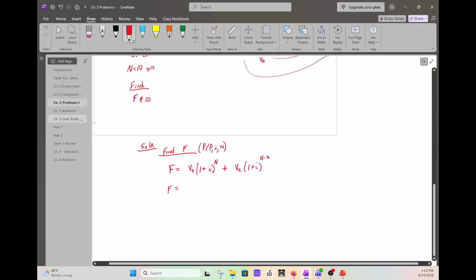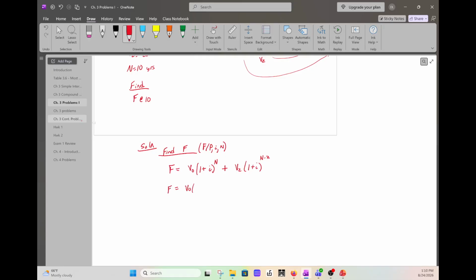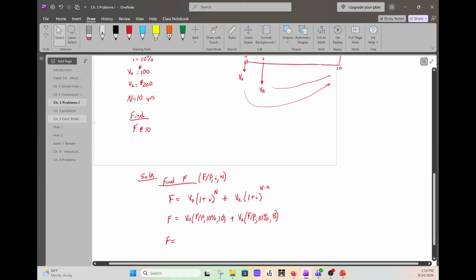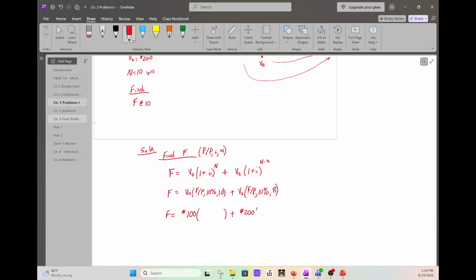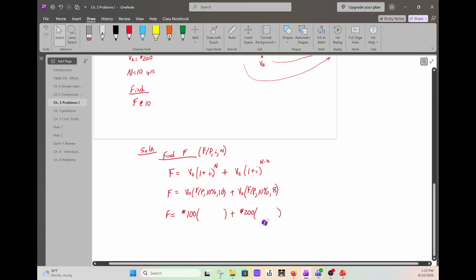So you could write this V naught F over P, comma I, comma, let's do 10% to the 10 plus V2 F over P 10% to the 8. Okay. So V naught is $100. And we'll find these brackets. This is $200. We'll find those brackets.